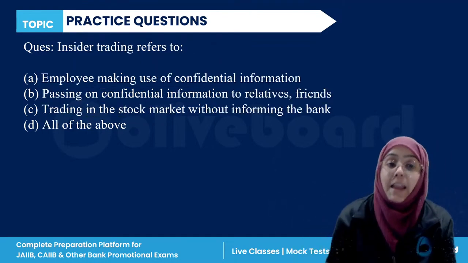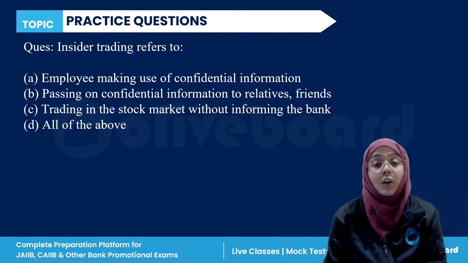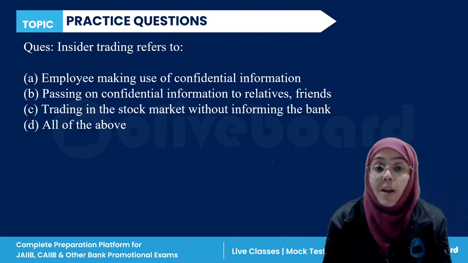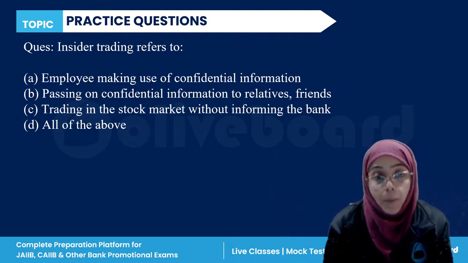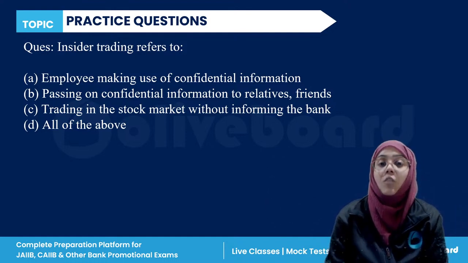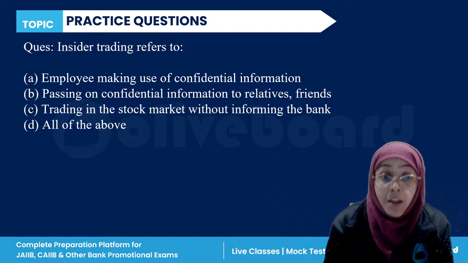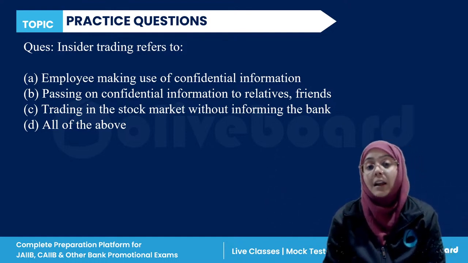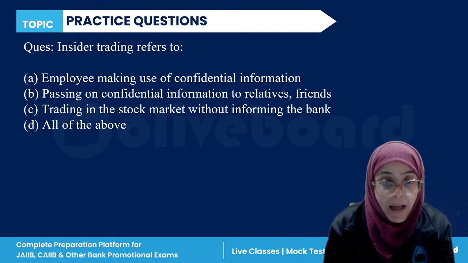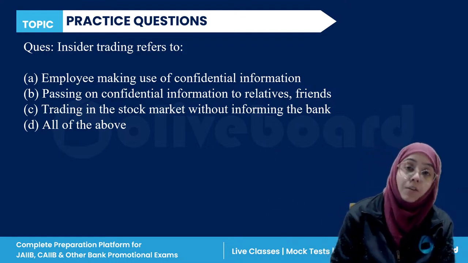Next, insider trading refers to what? Employee making use of confidential information, passing confidential information to relatives and friends, trading in the stock market without informing the bank, or all of the above.